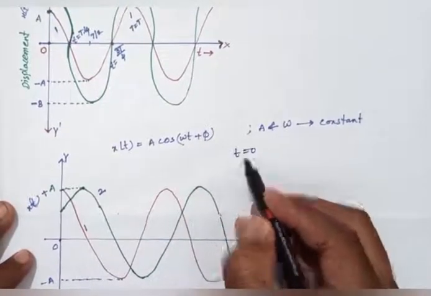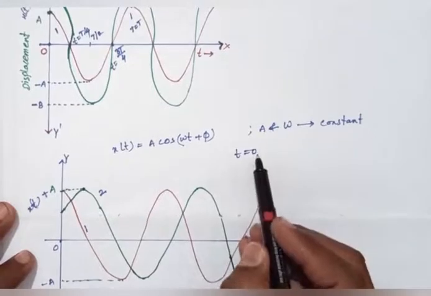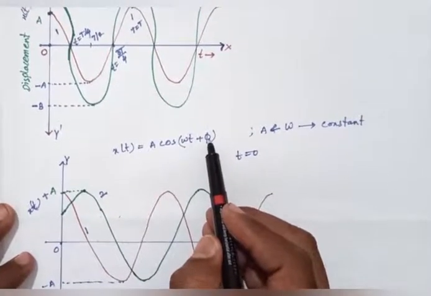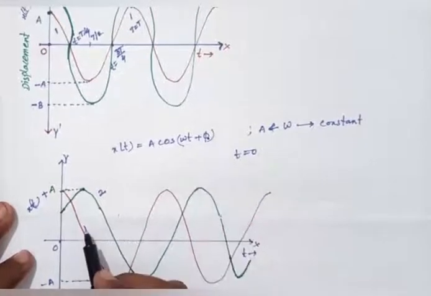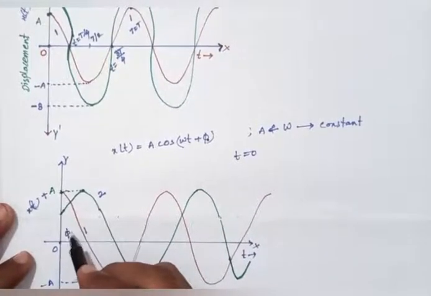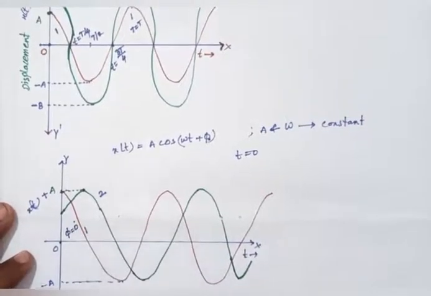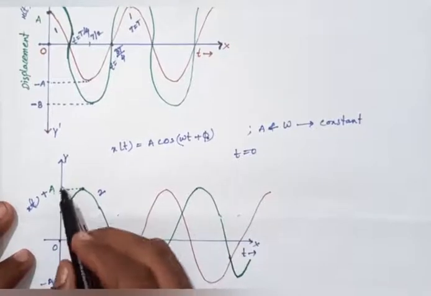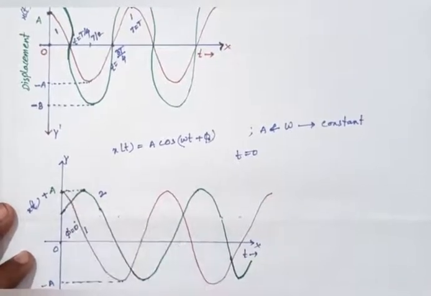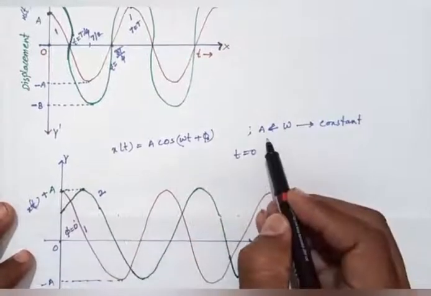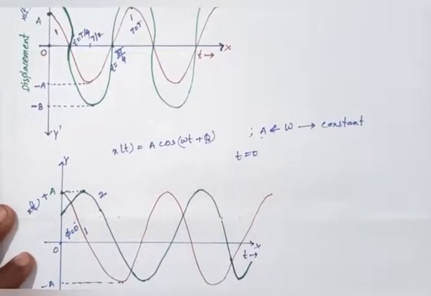But at t equals 0, we substitute t equals 0. For the first one, the phi value is phi equals 0 degrees. So the phase constant phi equals 0, and because of that it has the maximum amplitude.